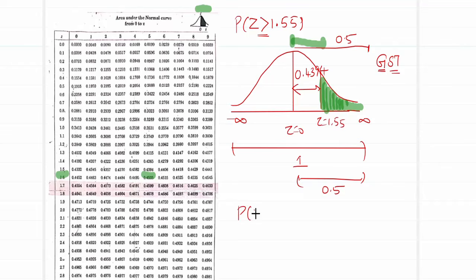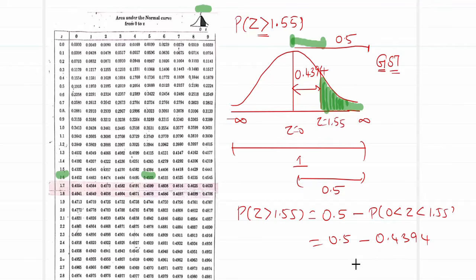So probability of Z greater than 1.55 is the total half area, which is 0.5, subtract your table value, 0 less than Z less than 1.55. So this is 0.5 minus the 0 to 1.55. I know that it is 0.4394. So when I subtract 0.4394 from 0.5, the final answer will be 0.0606. So keep in mind, whenever you want a greater value, you have to subtract it from 0.5.